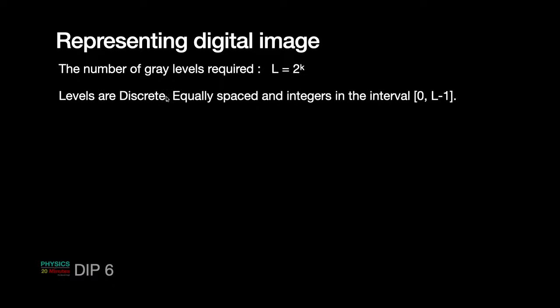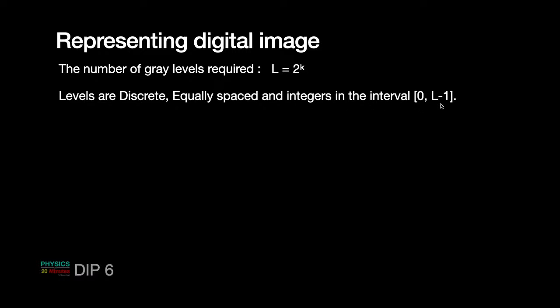Levels are discrete. So all these levels have a separation. So it will be 0, 1 or 0, 1, 2. You will not get a level like 0.1, 0.2. You will not get those kinds of things. You will get levels that are discrete, that is, separated. Their levels are equally spaced, and they are integers between 0 and L minus 1.